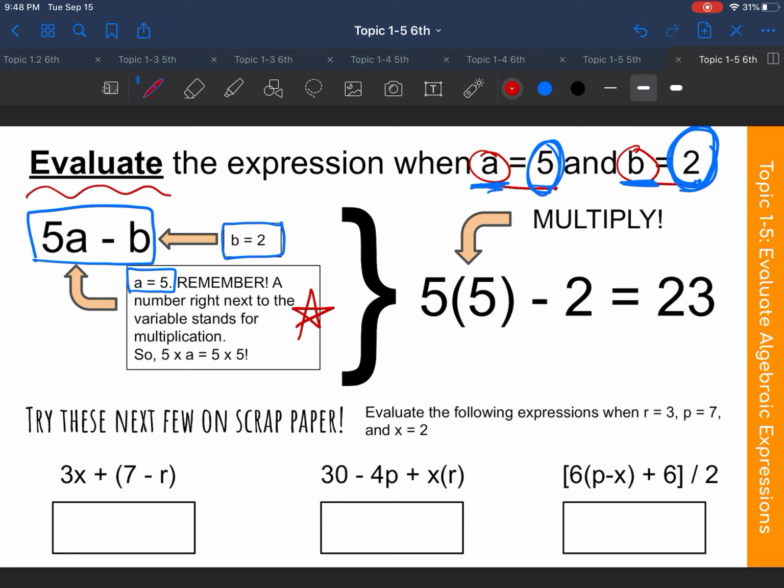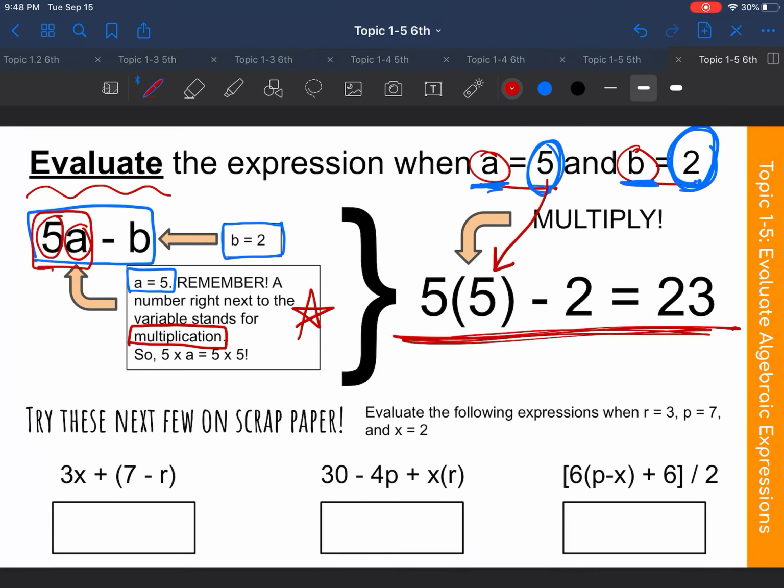But there's a big remember: 5A, when we have a coefficient, which is the 5, and a variable smushed together, that stands for multiplication. So it looks something like this when we solve it.